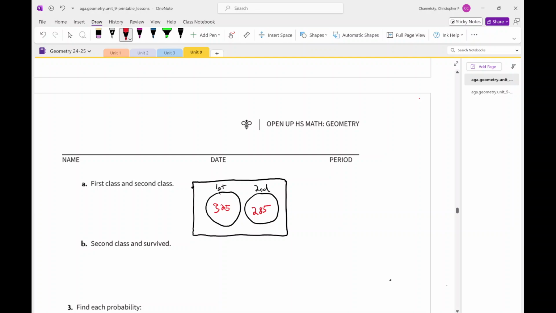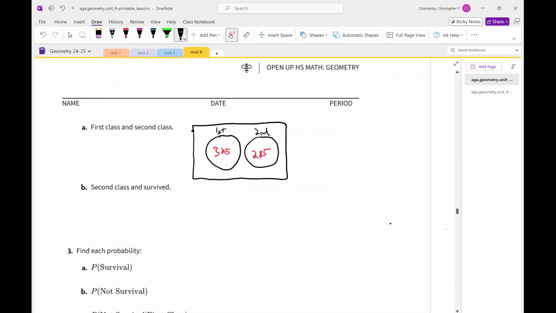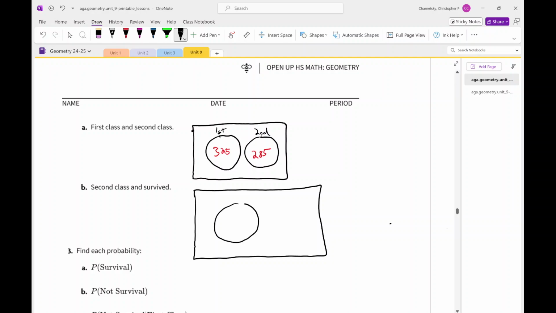Okay. Now if I do a Venn diagram for B, second class and survived, those will overlap. So in the middle, we'll start there.